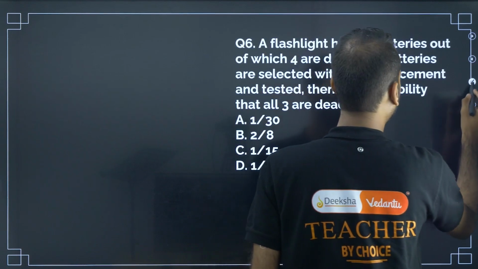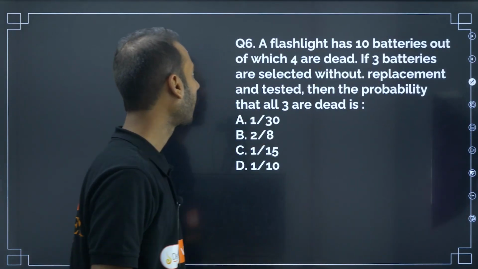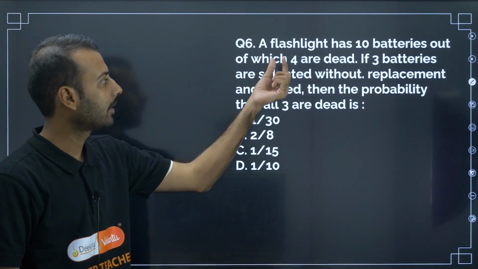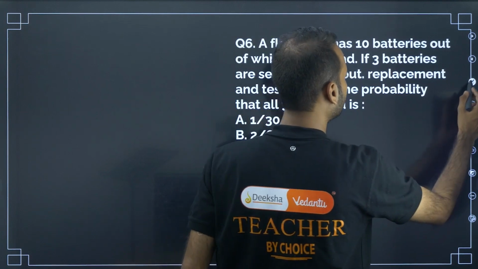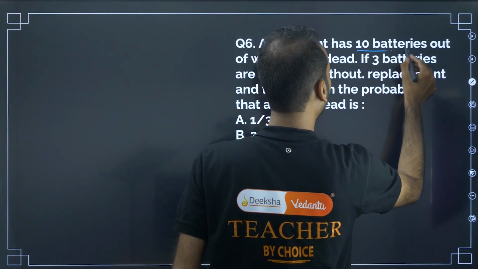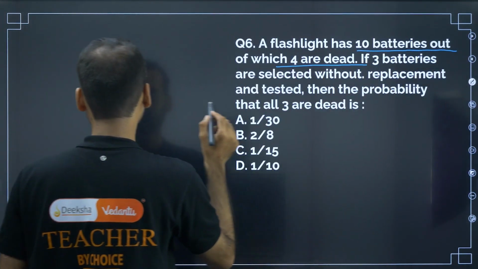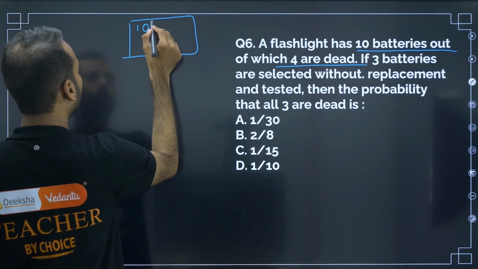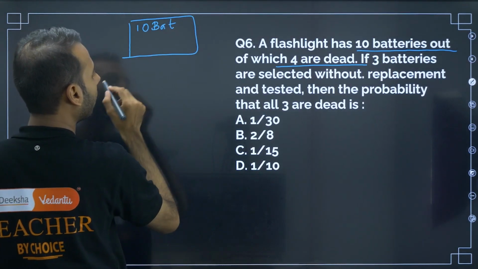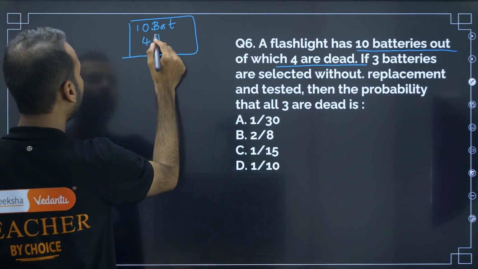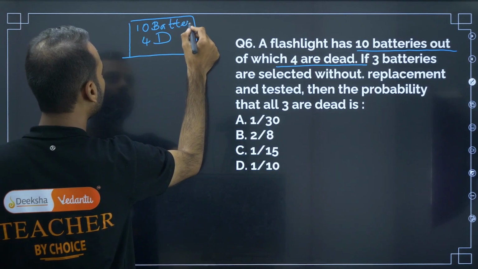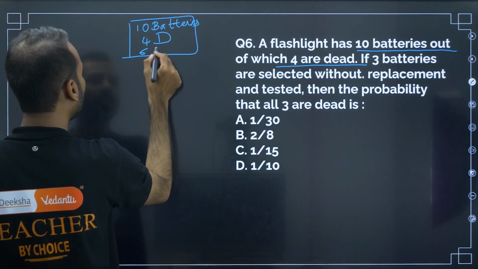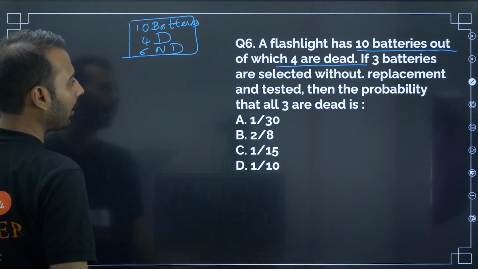A flashlight has 10 batteries, out of which 4 are dead. So let me draw. 4 dead means 6 non-dead.